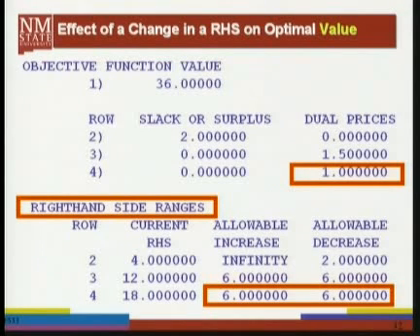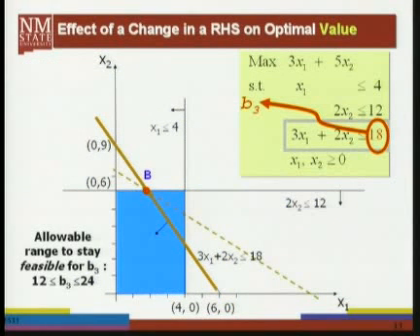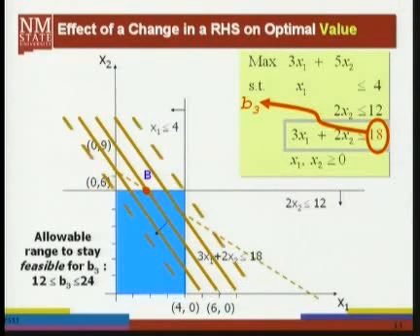Okay? And graphically, the dual price for the third constraint is valid only within these ranges of the right-hand side values. Any questions so far?